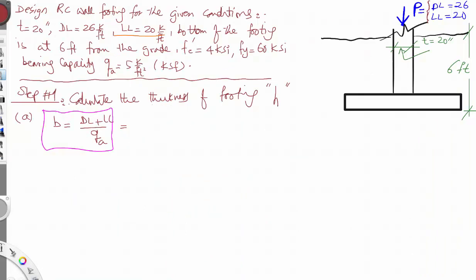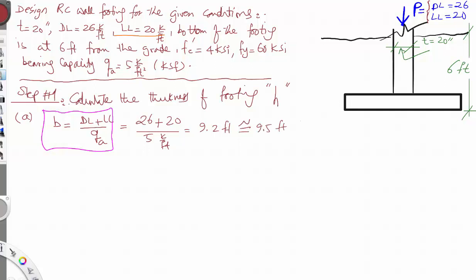So I'll do the numbers here: dead load is given as 26 plus live load 20, divided by QA equal to 5 kip per foot, and the answer for this is 9.2 feet.